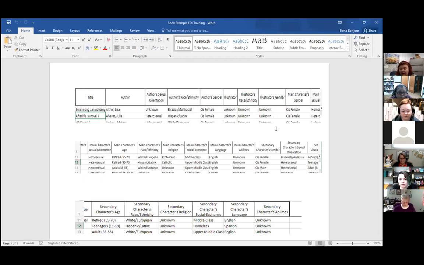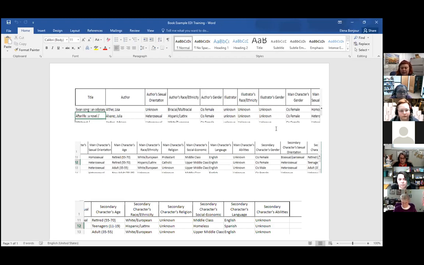I can get the feel for the book this way, and I can read a little bit, especially the first several pages. It usually gives you the exposition to the book. You can see who the main character is, and usually the author gives you right away what the character looks like, and a little bit about her family or relationships and stuff like that.